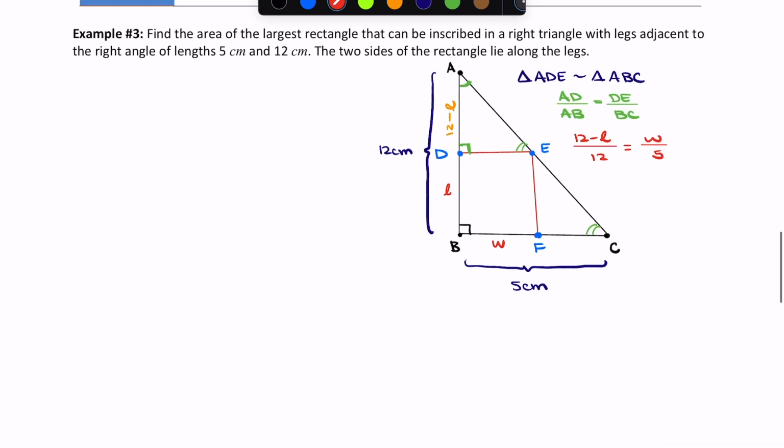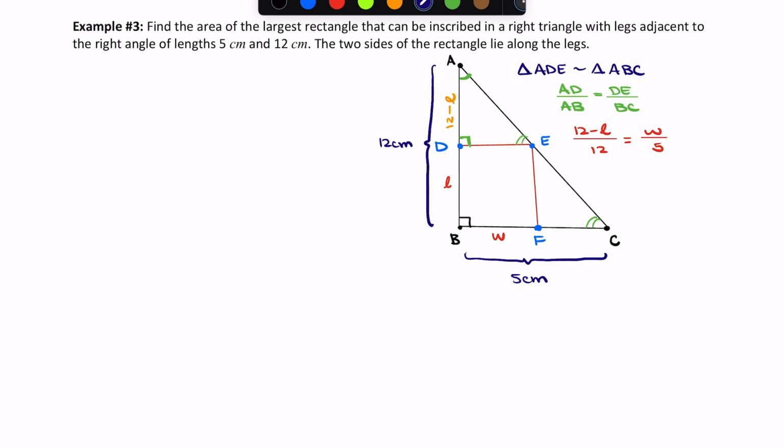Okay, so now that we have all of that, let's create some let statements. Here we'll let W represent the width of the rectangle, and this is in centimeters.